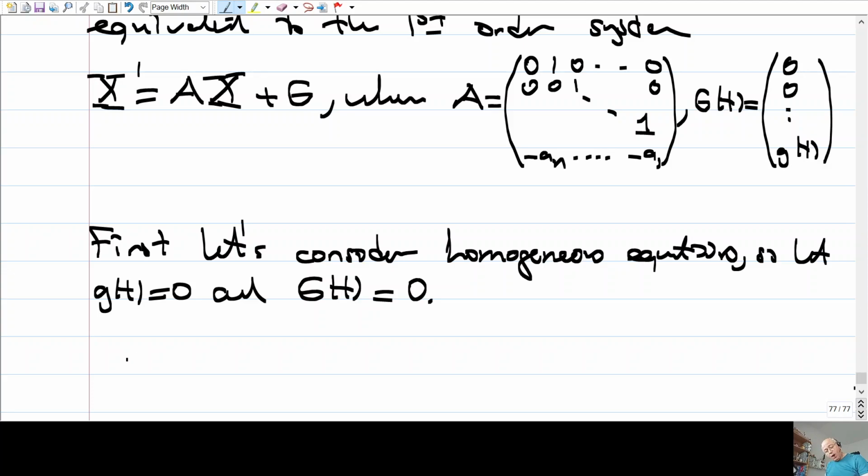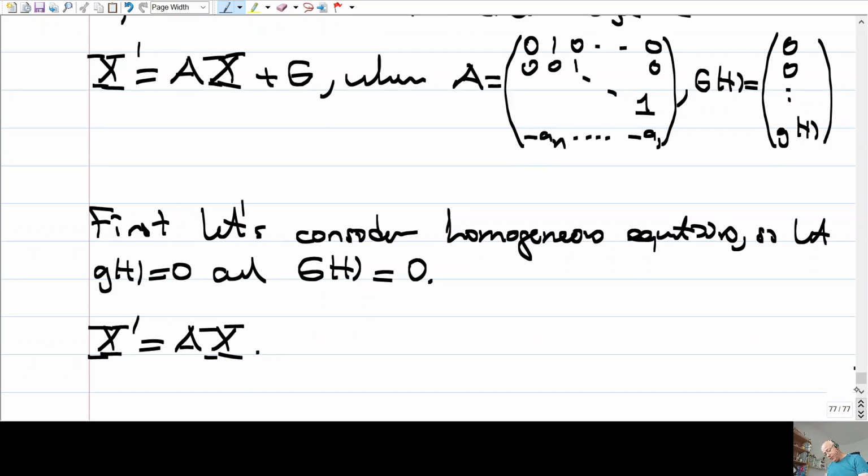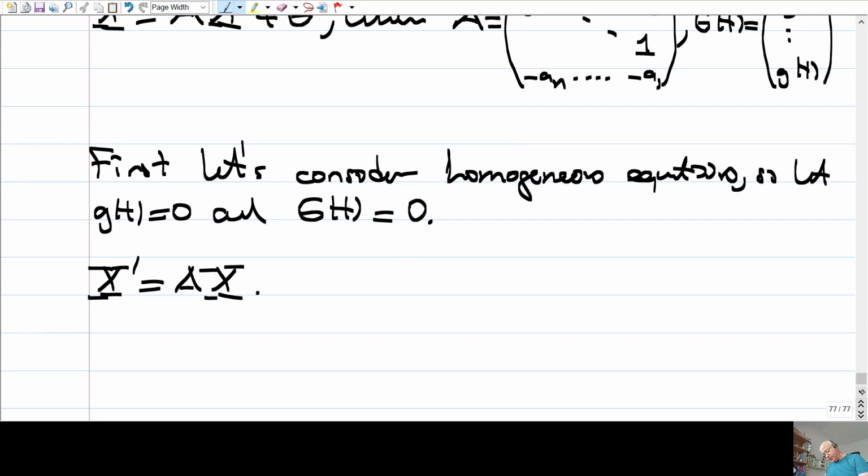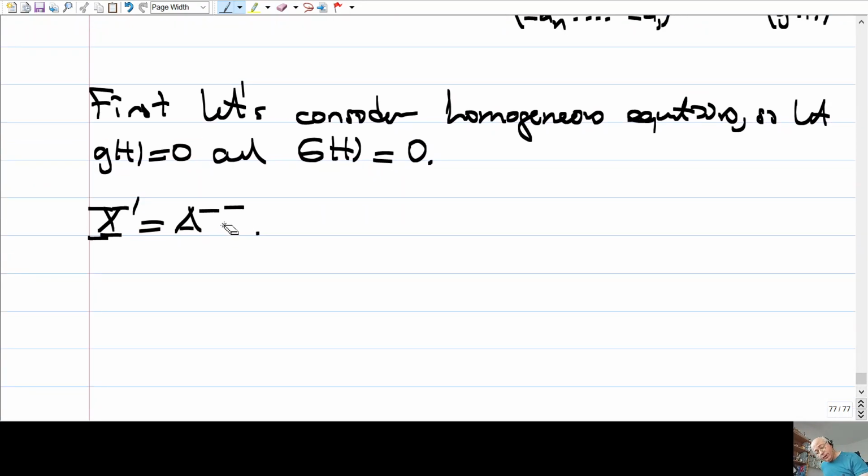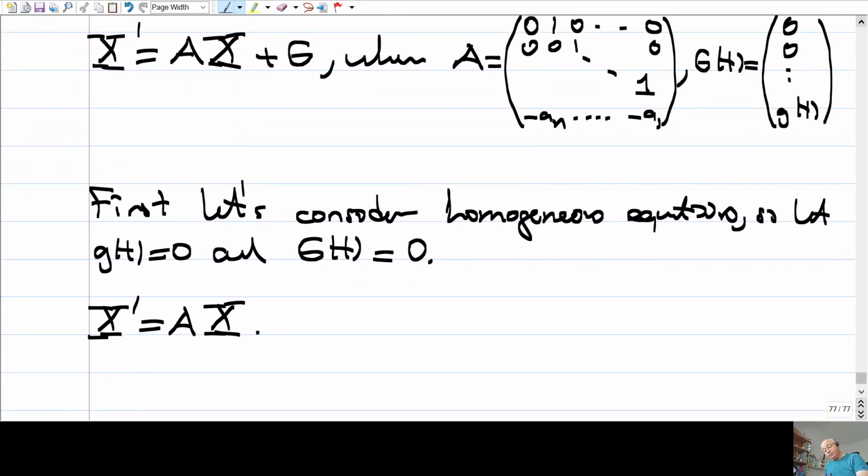So our equation then will be just this, where A is this matrix. Well, how can we solve this? We solve this finding eigenvalues and eigenvectors, right? A canonical form of the equation. So the matrix.